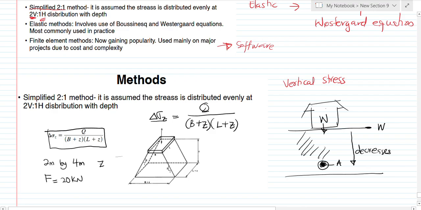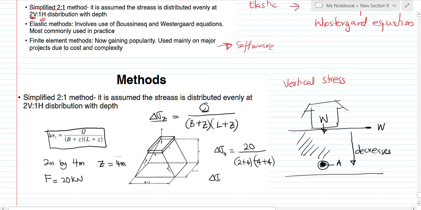And they are asking me to find the stress increase at a depth of, let's say, 4 meters. So in that case, my stress increase at a depth of 4 meters is simply equal to 20 over the width, which is 2, plus the depth, which is 4, multiplying the length, which is 4, plus the depth, which is 4.